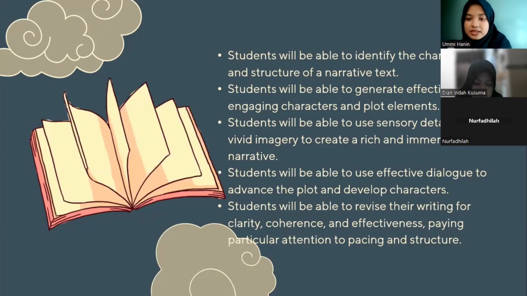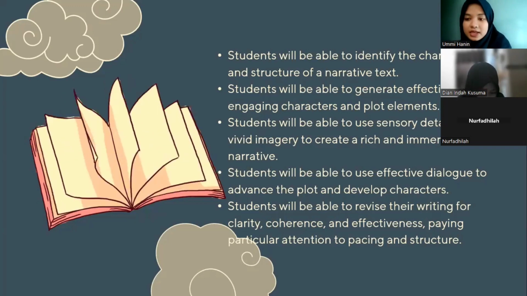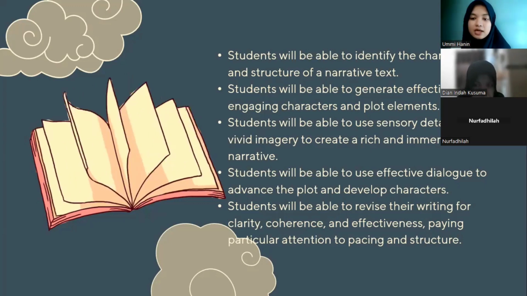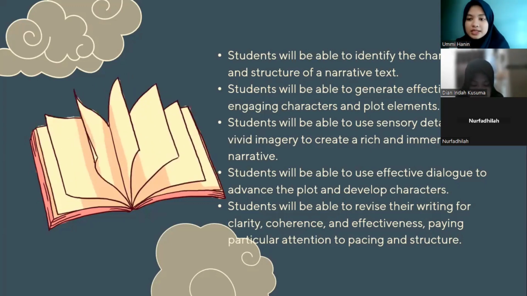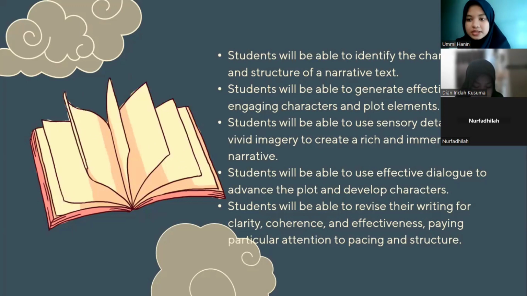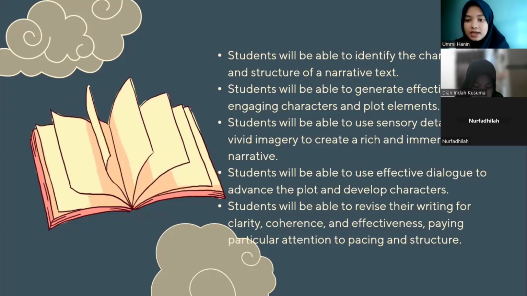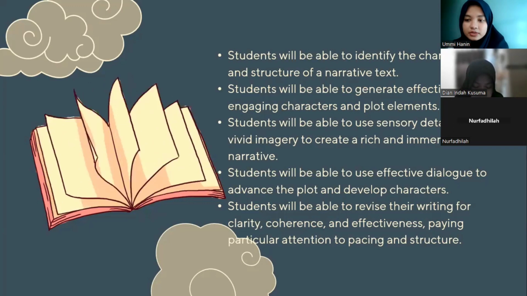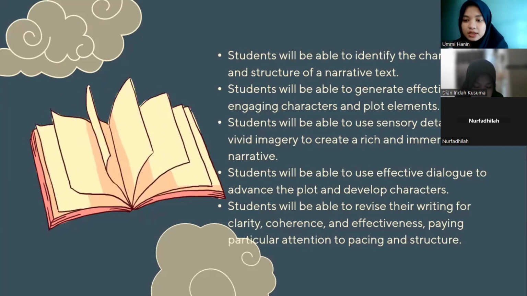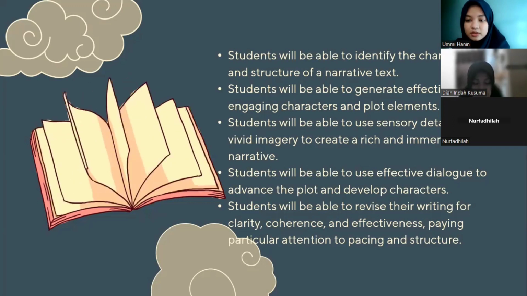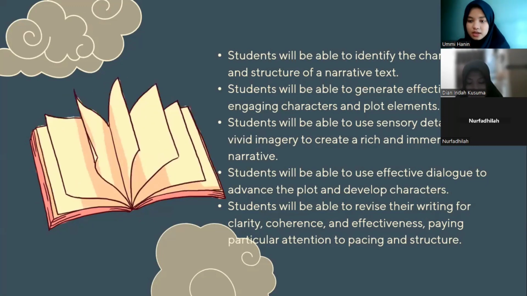This learning objective aims to enable you to identify and comprehend narrative text structure and characteristics, create compelling characters and plot elements, employ sensory details and vivid imagery to enhance your writing, effectively use dialogue to advance the plot and develop characters, and revise your work for clarity, coherence, pacing, and structure.